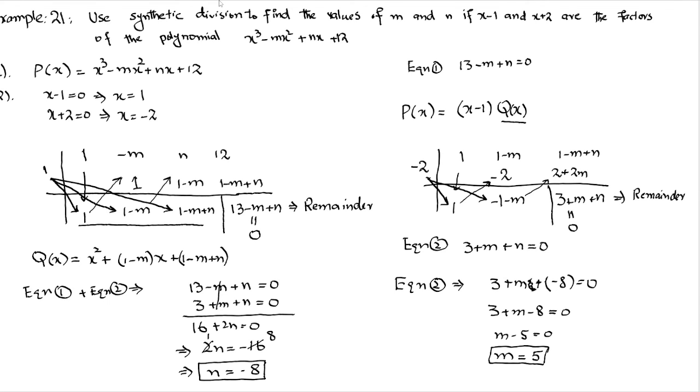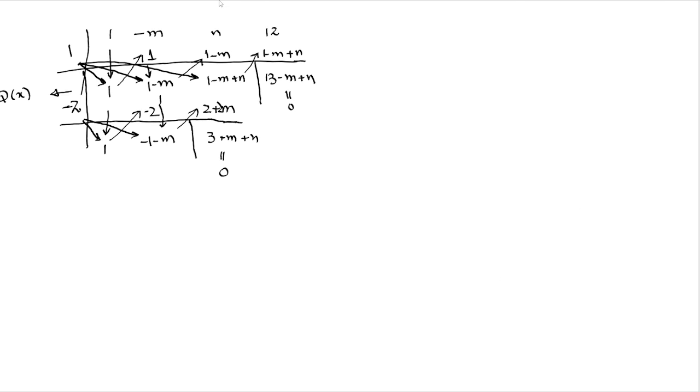Now x minus 1 isn't divisible by x plus 2, so we will have to divide the intermediate polynomial q of x by the second factor.